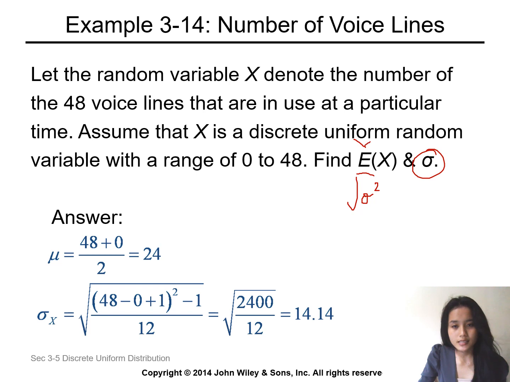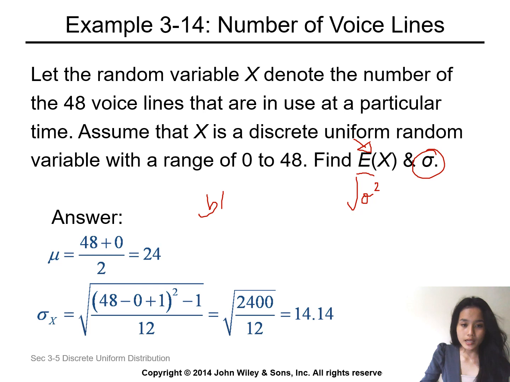E of x is the mean, which is b plus a over 2, so 48 plus 0 over 2 is equal to 24. That is the mean, 24.